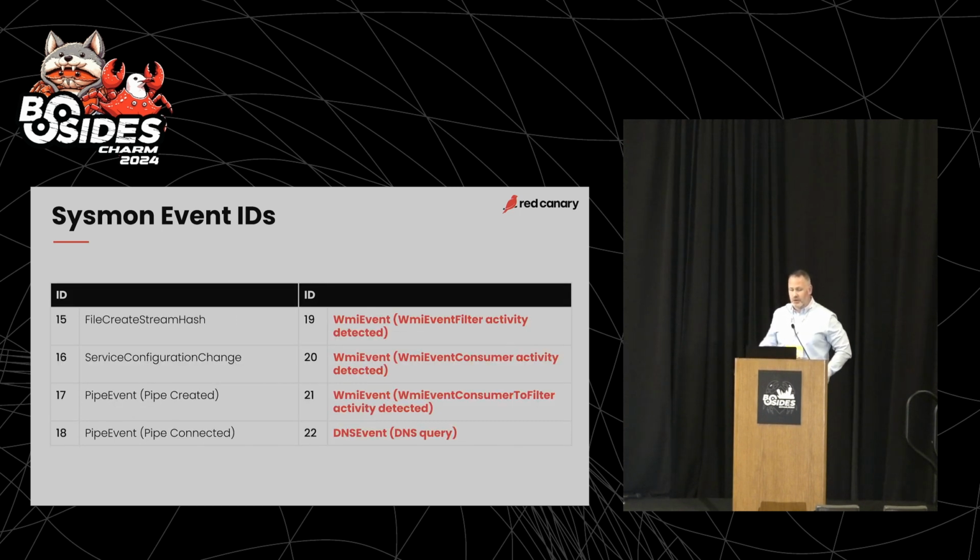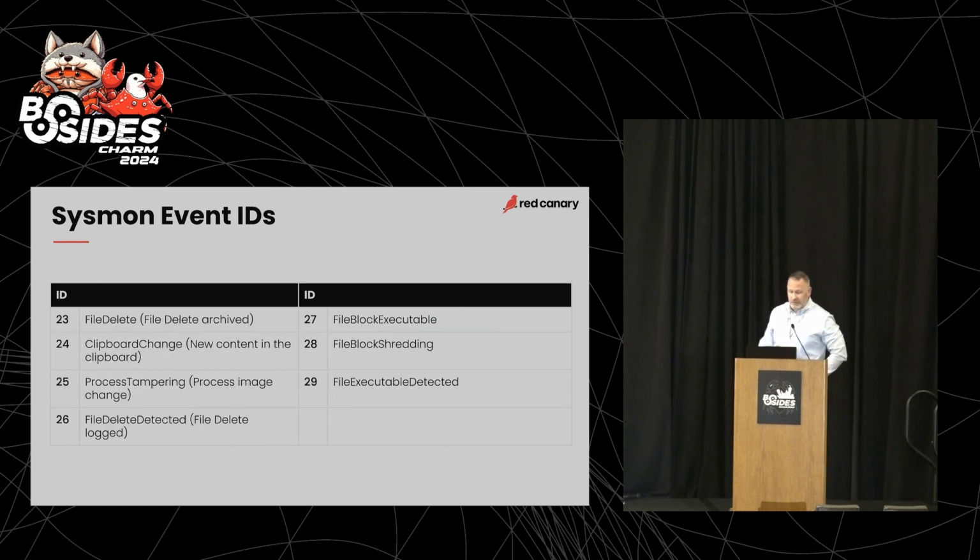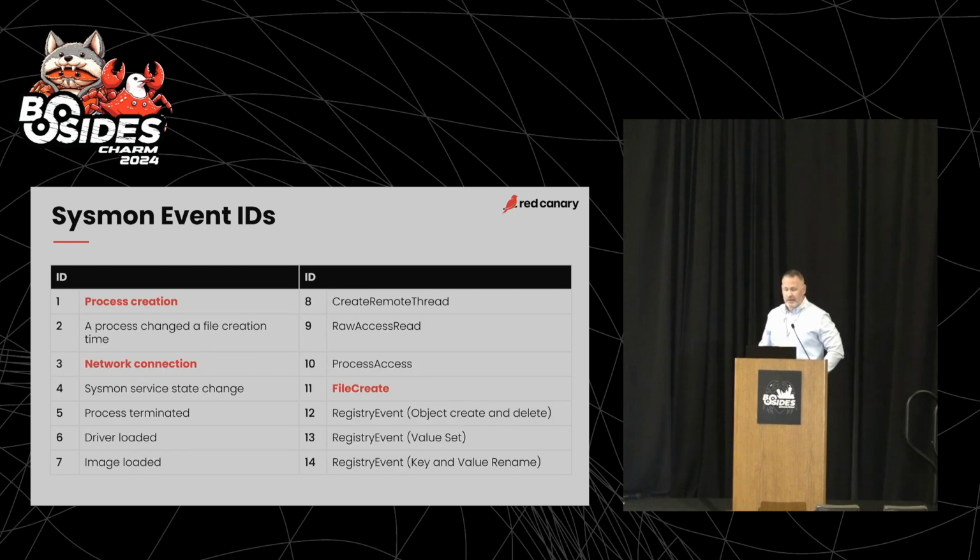As we work our way up, we've got WMI events, DNS queries, file deletes. All of these things we can actually look for. The ones in red are very important, really highlighted. That doesn't mean some of the others are not important.